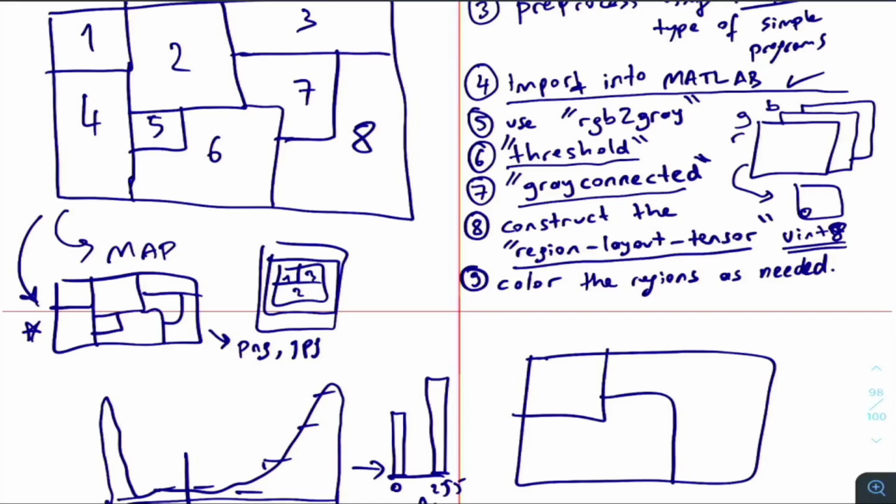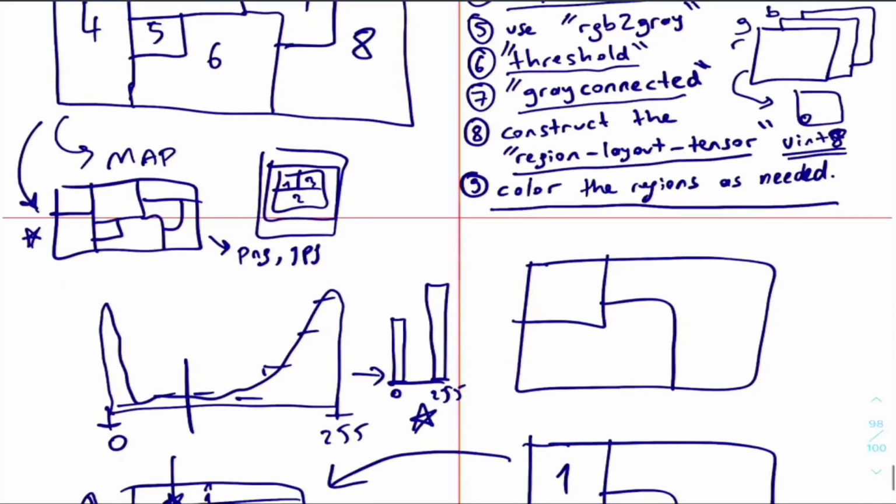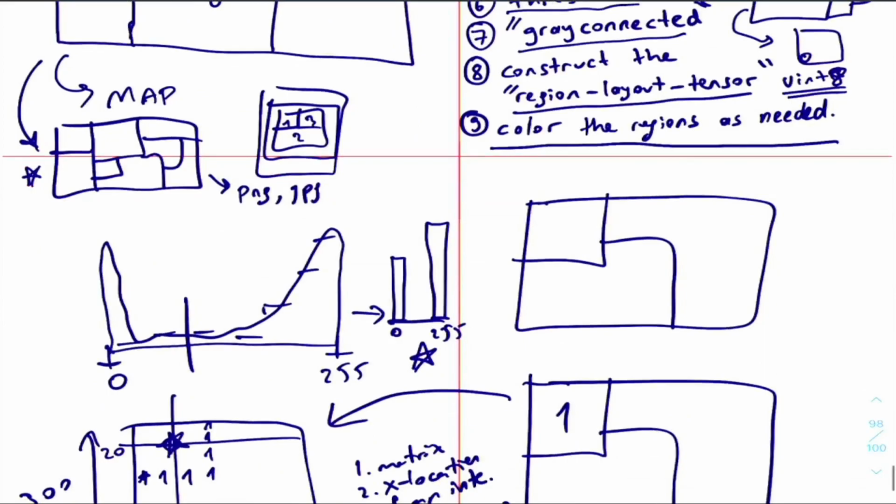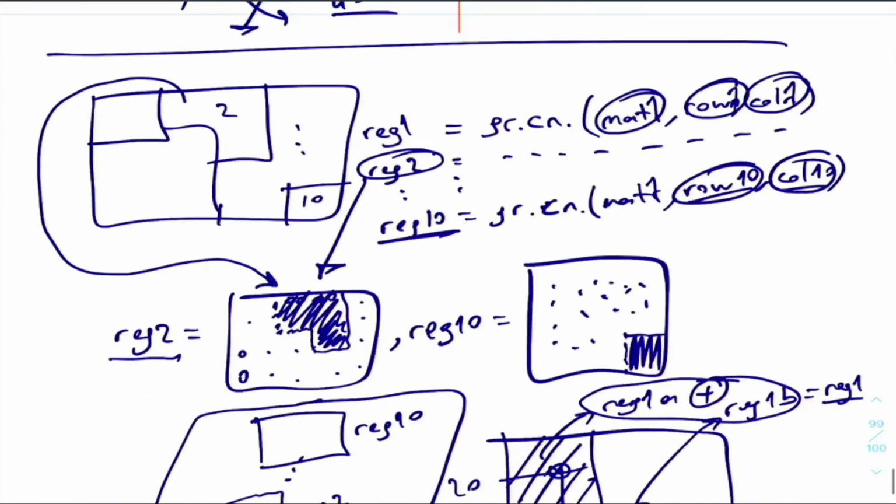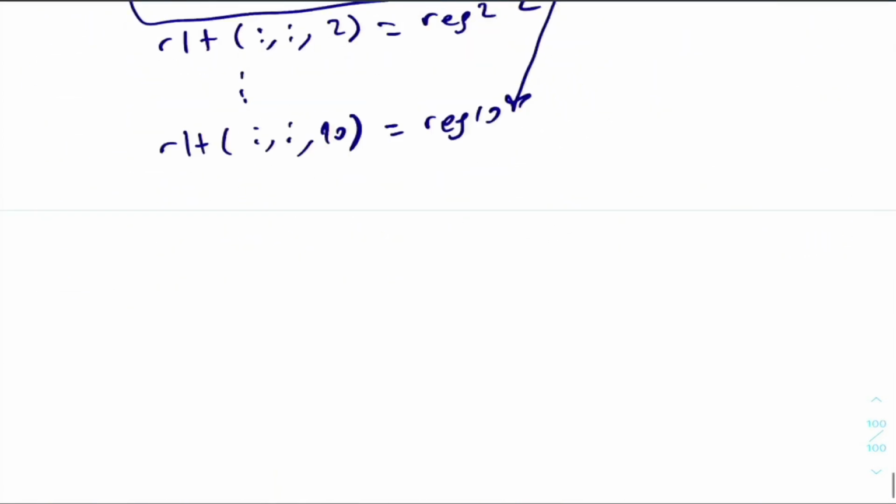Okay. I talked about what I called the region layout tensor. This is an object, a three-dimensional matrix. It is what it is. And number 9, cover the regions as needed. After you have that region layout tensor, it would be a really easy thing to do.